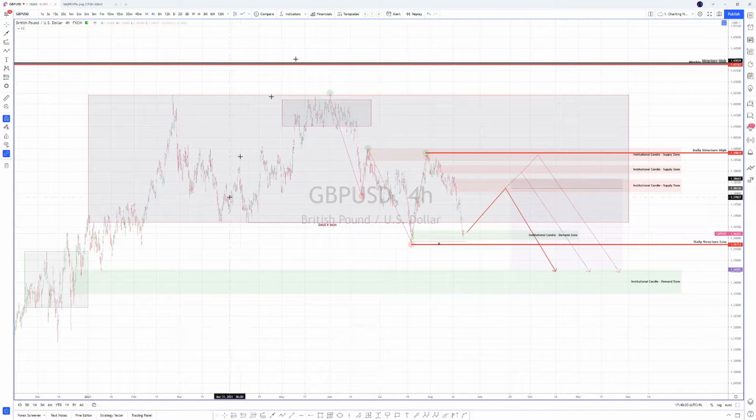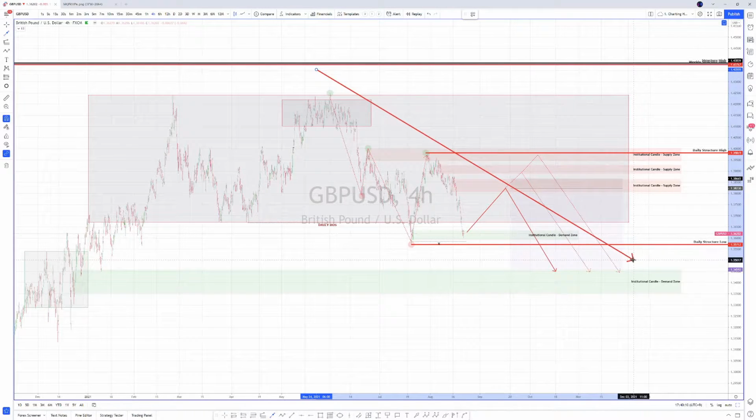So what you notice is on the daily time frame, the structure is also bearish. So when the weekly and the daily are aligning and having the same direction, that increases our probabilities for profitable trades.